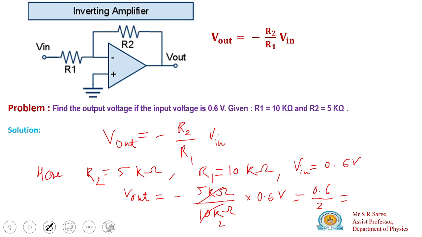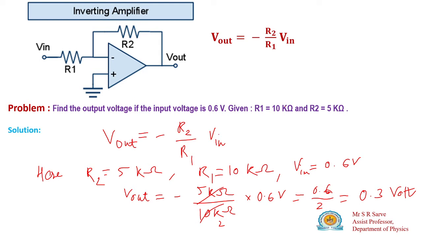So this is equal to 0.3 volt. Okay, so what is the output voltage? So here output voltage is equal to 0.3 volt in case of this inverting amplifier.